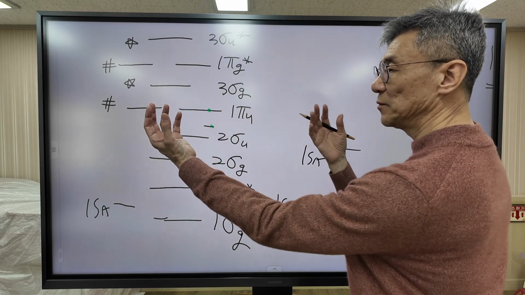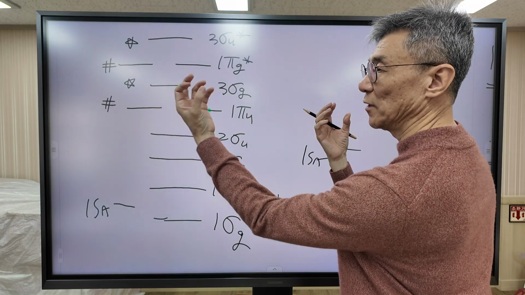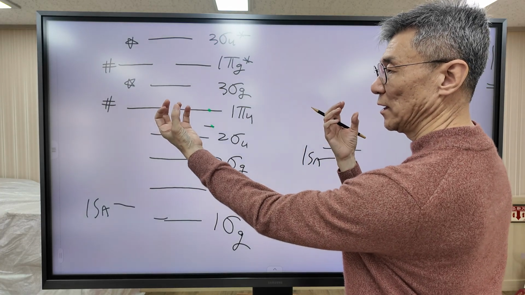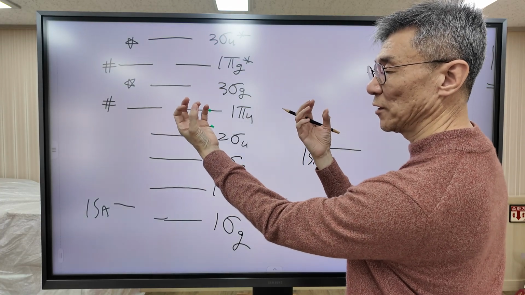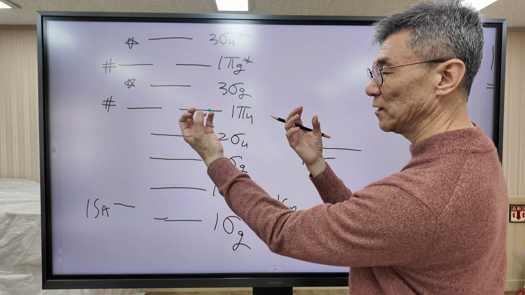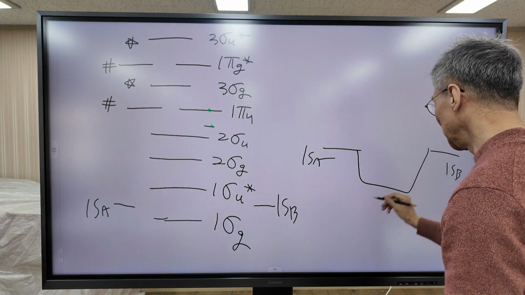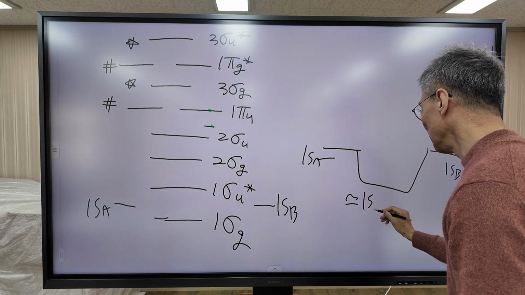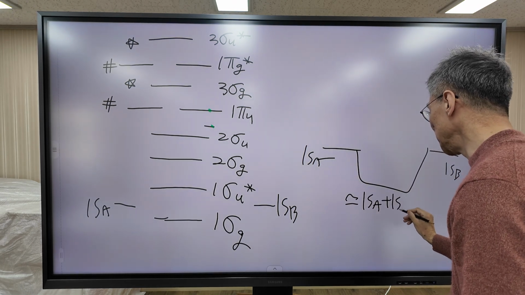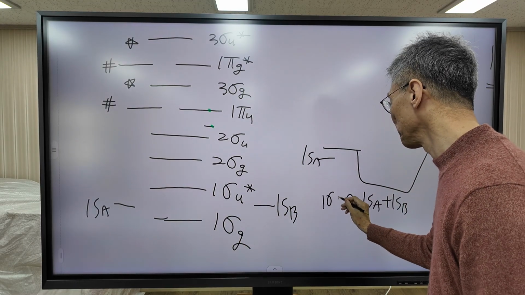When the atoms are far apart, there are two independent s orbitals, one SA orbital and one SB orbital, and they get closer to form molecular orbitals. They interact with each other. They interfere constructively to form a bonding orbital. It is approximately 1 SA plus 1 SB leads to the 1 sigma g orbital.